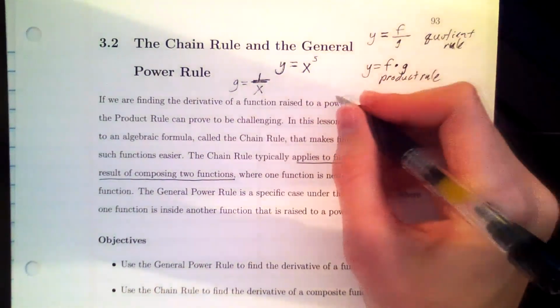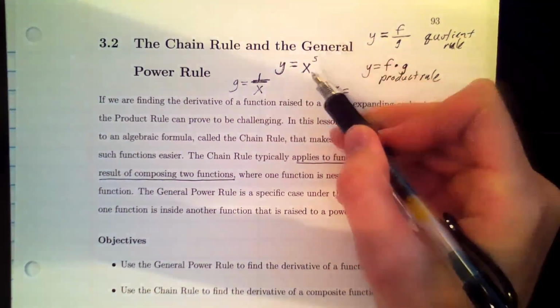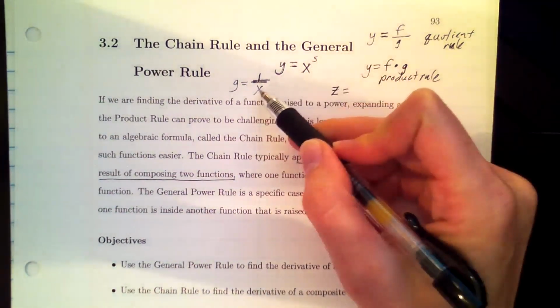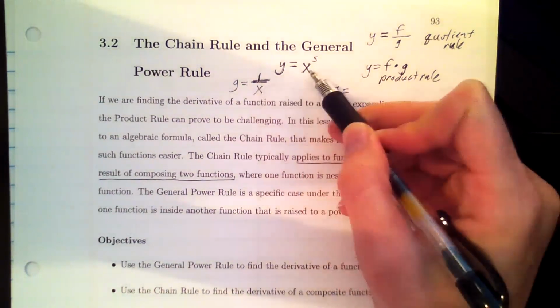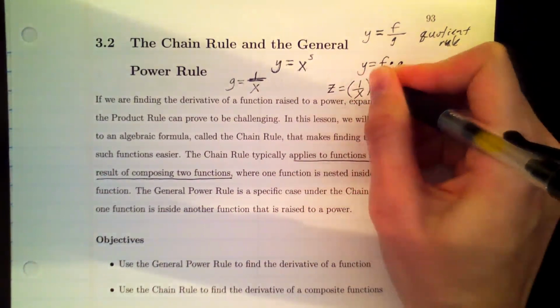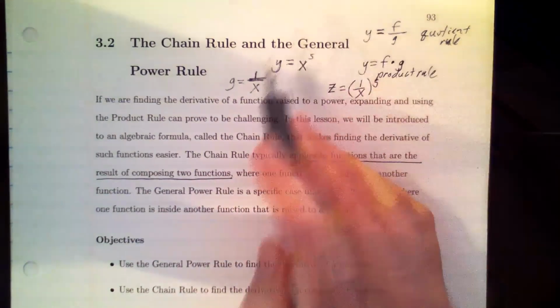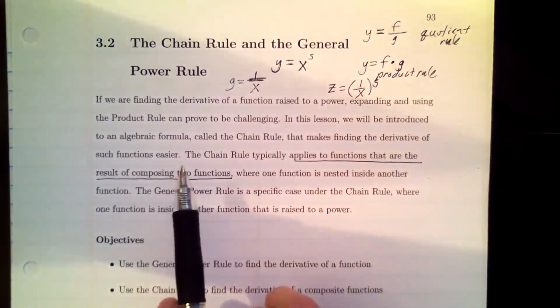Then my new function, which I might call something else, maybe z, is x to the fifth, but I'm composing g with it. I'm going to plug in 1 over x inside that so that it's no longer x to the fifth, it's 1 over x to the fifth. So this is an example of a composition of functions where one function is plugged into the other function.